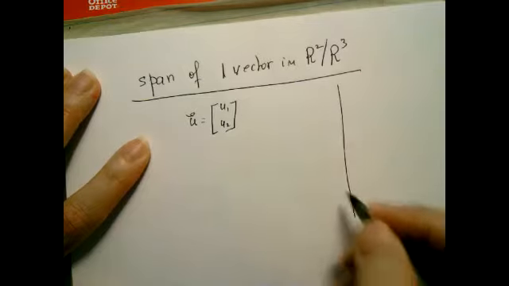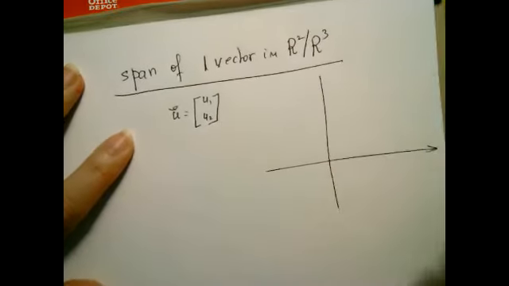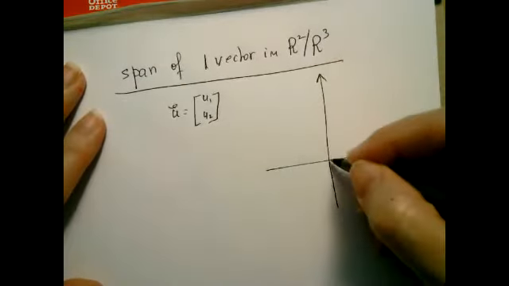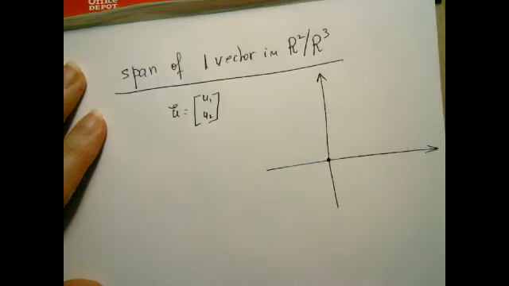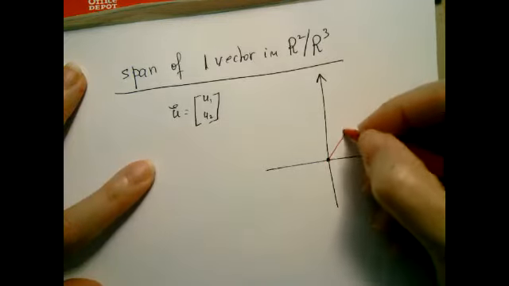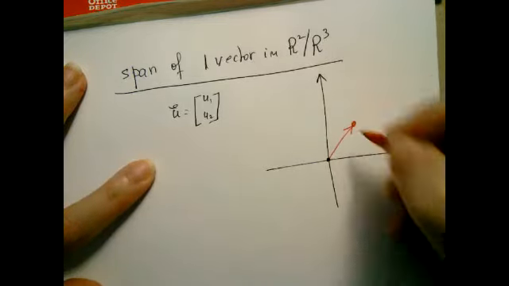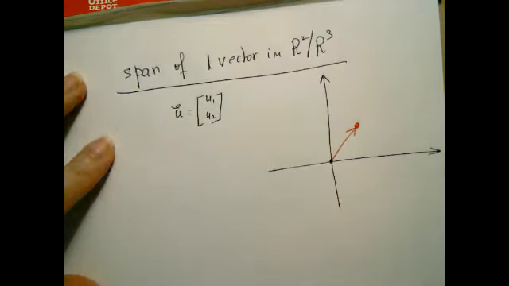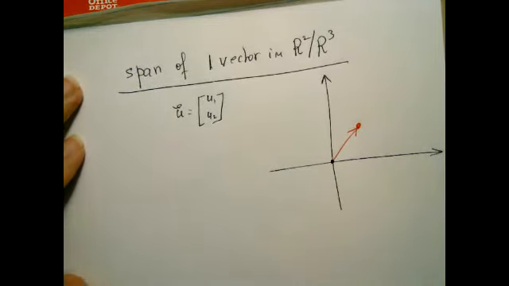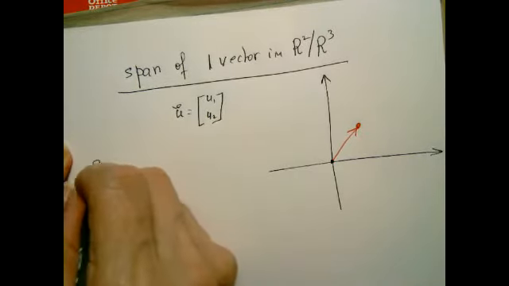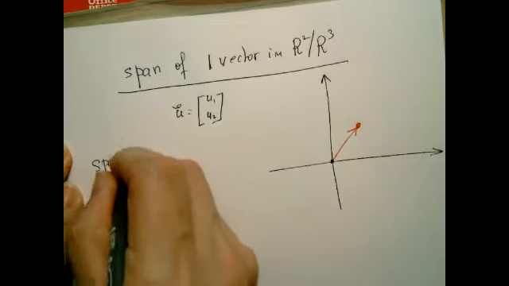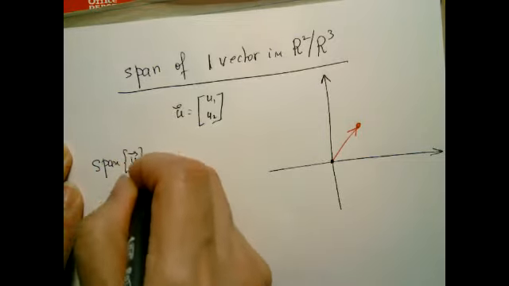So I try always to have a picture in our head because pictures help. So this is U, this is my U. I don't have to pick it in the first quadrant, I can pick it anywhere I want. So what is the span of U? What do we mean by the thing, span? Okay.